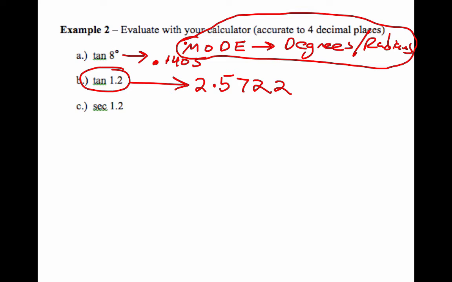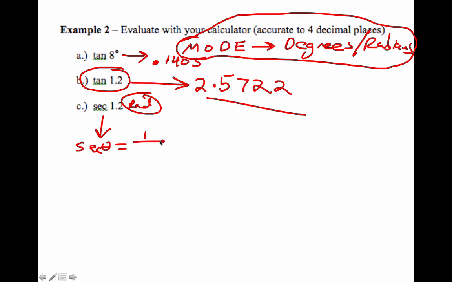Second problem, first thing you should identify is that this is clearly in radians, so I'm still there from this guy, but I got no secant key. What I need to remember is that the secant is equal to 1 over the, which one? Cosine, right?